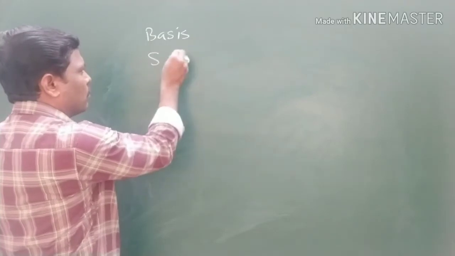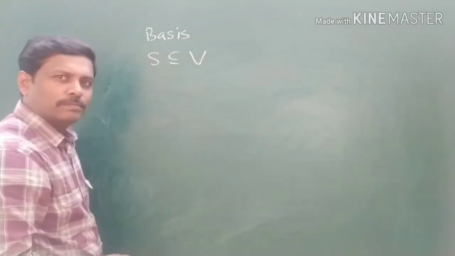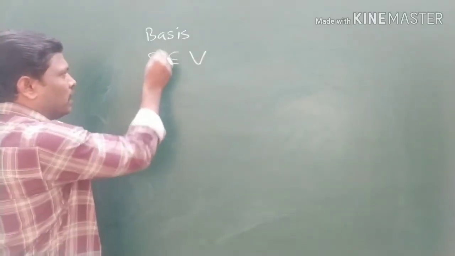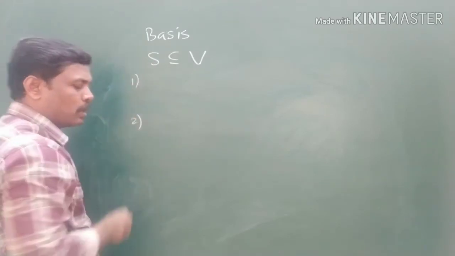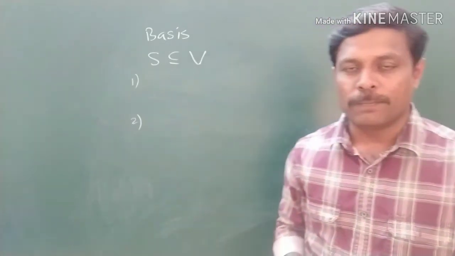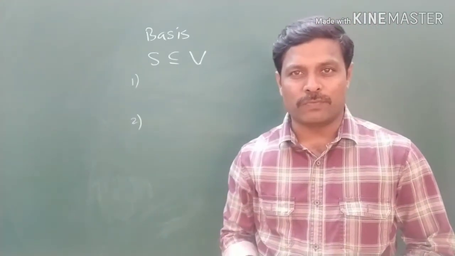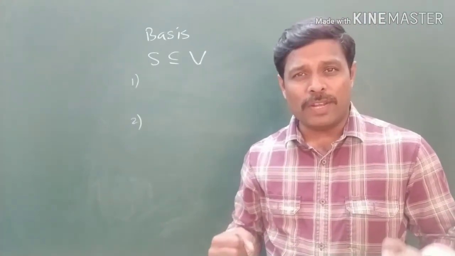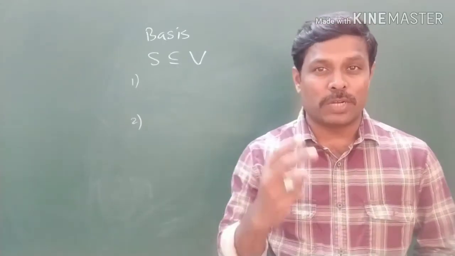Consider one subset S of vector space V, and if the elements of S satisfy two conditions, then this subset of V is said to be a basis of vector space V. And I'm very interested to know what these two conditions are.